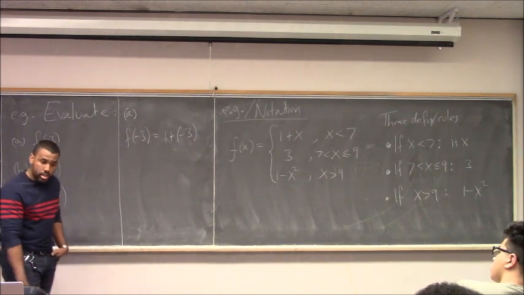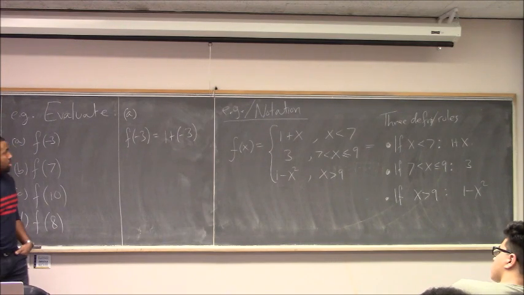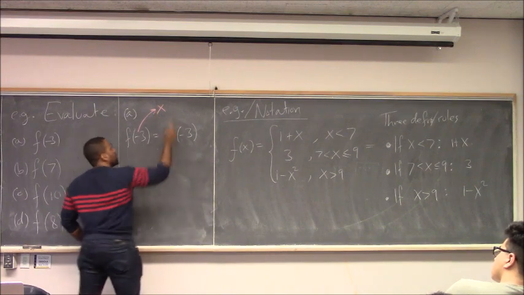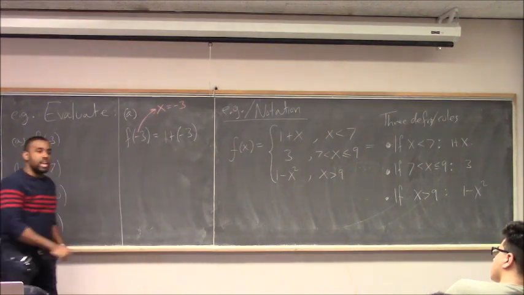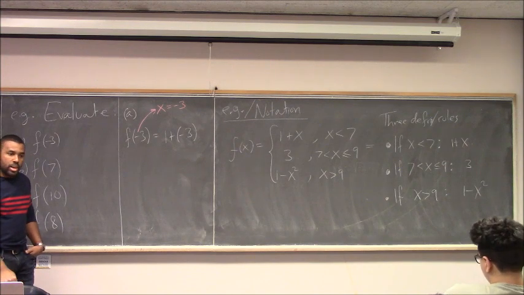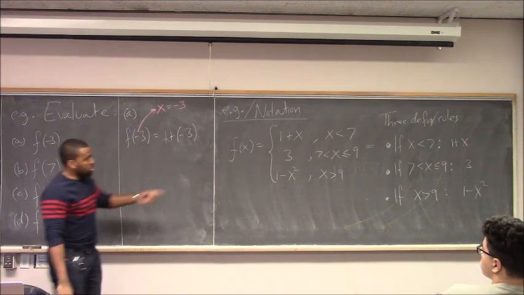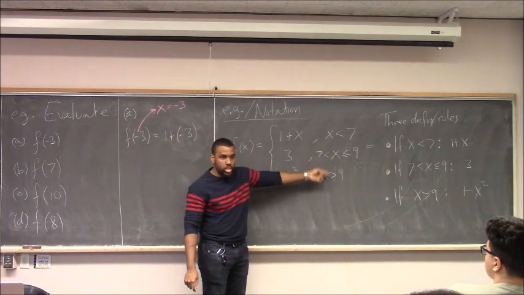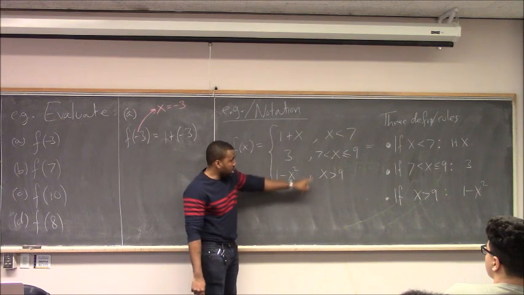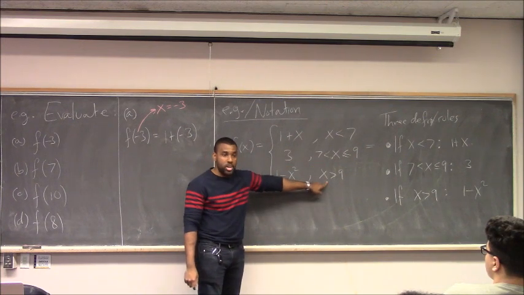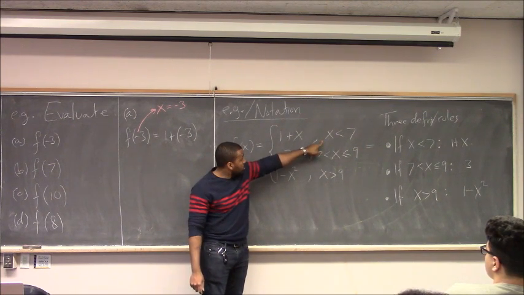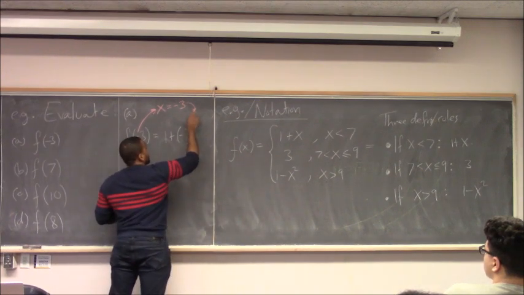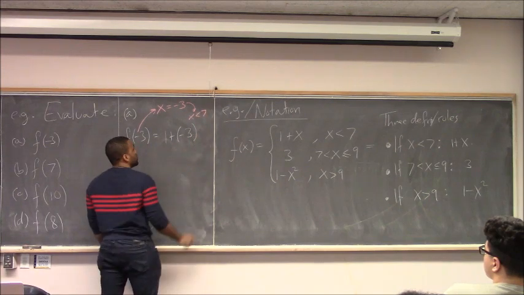Immediately, when you realize there's a piecewise function, realize this tells you what your x is. So your input is negative 3. Once you define where your input is, you go to the definition of the function and ask in which region that input falls. Negative 3 is not between 7 and 9, and it's not bigger than 9. It's less than 7, so this applies to the first definition.